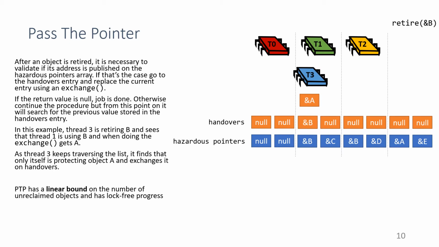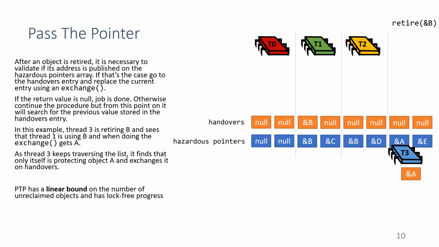So it will continue searching now for A from this point. It doesn't need to restart from the beginning of the hazardous pointers, only from this point on, because it is guaranteed that thread T0 cannot publish the address of A successfully.